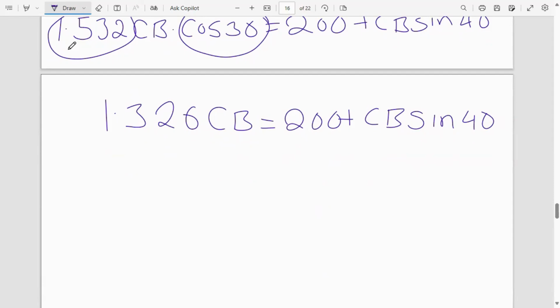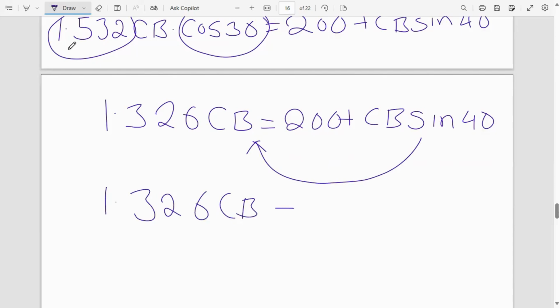After doing that, what are we going to do? We can transfer this term to the left-hand side of our equation. I'm going to have 1.326 CB minus CB sin 40 equal to 200.